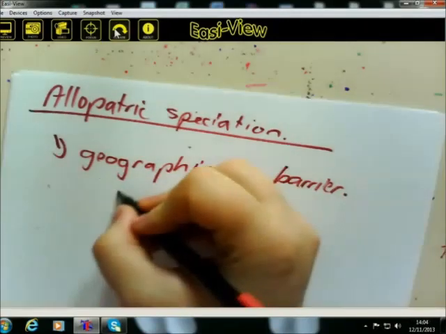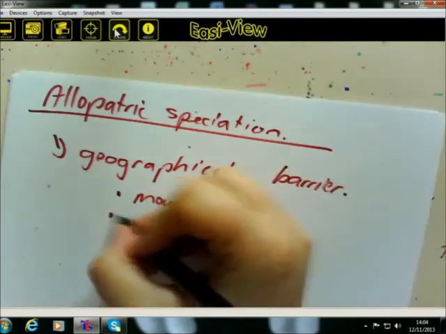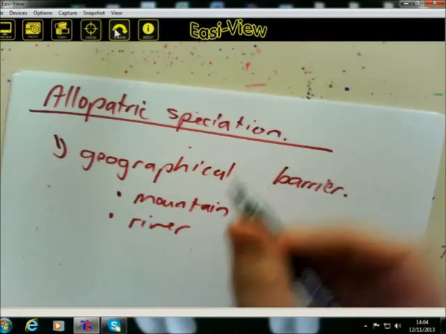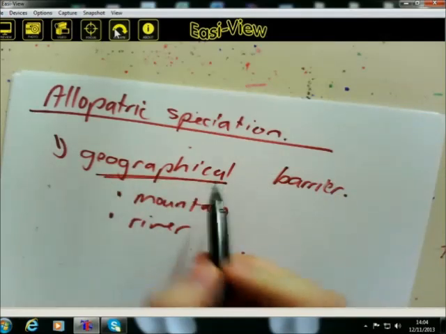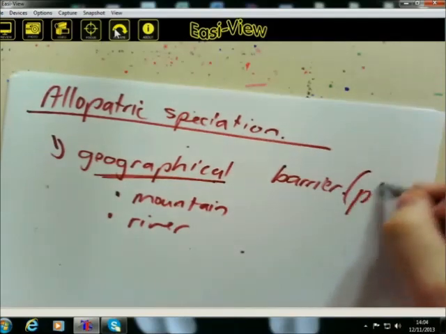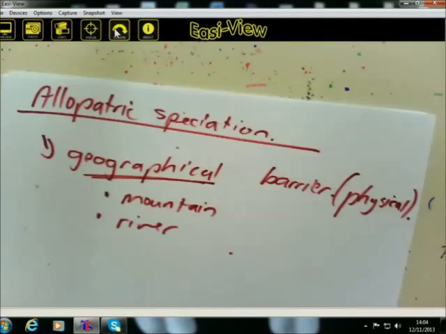So there's either something like a mountain, or something like a river, something that has to do with a physical barrier, I suppose is another way in which we can describe this barrier.